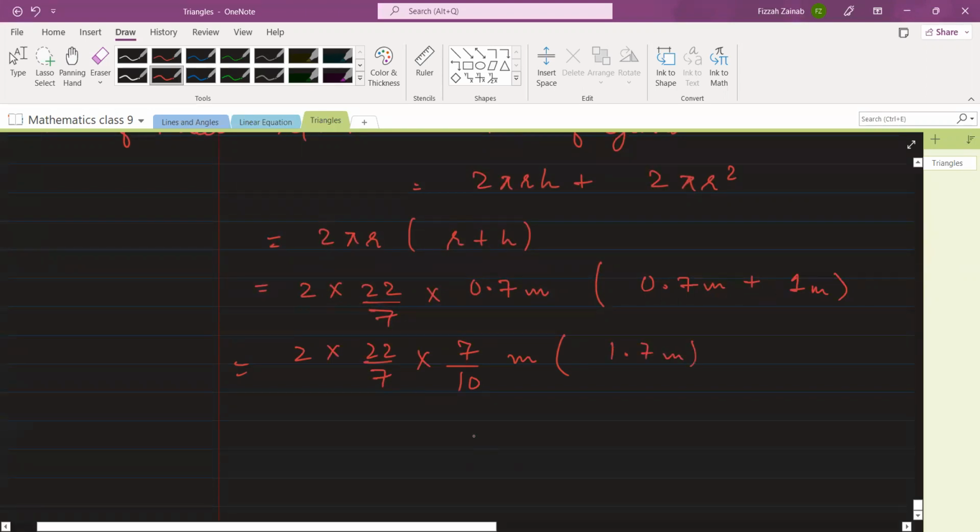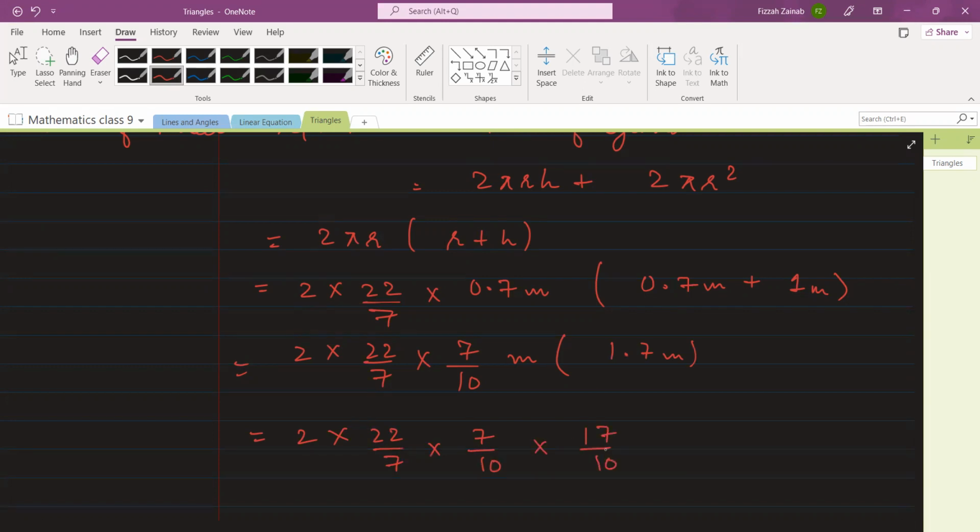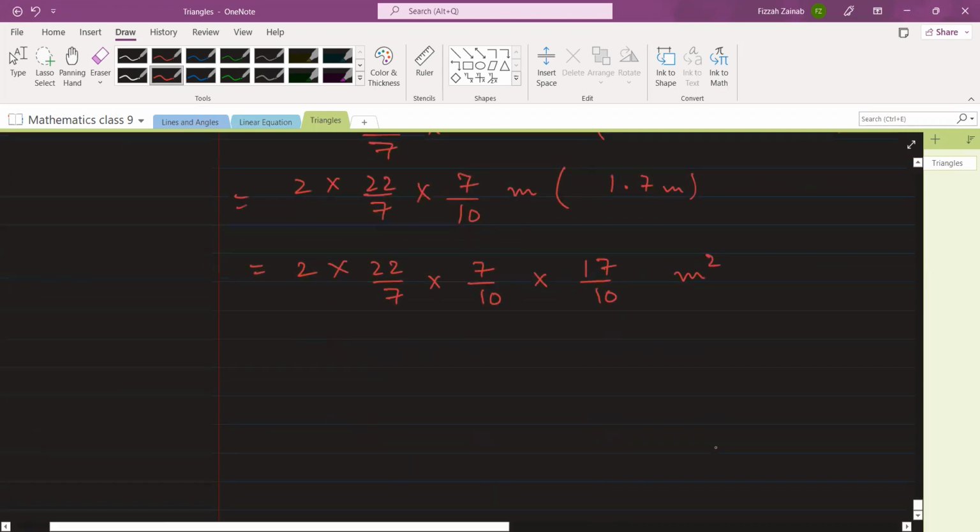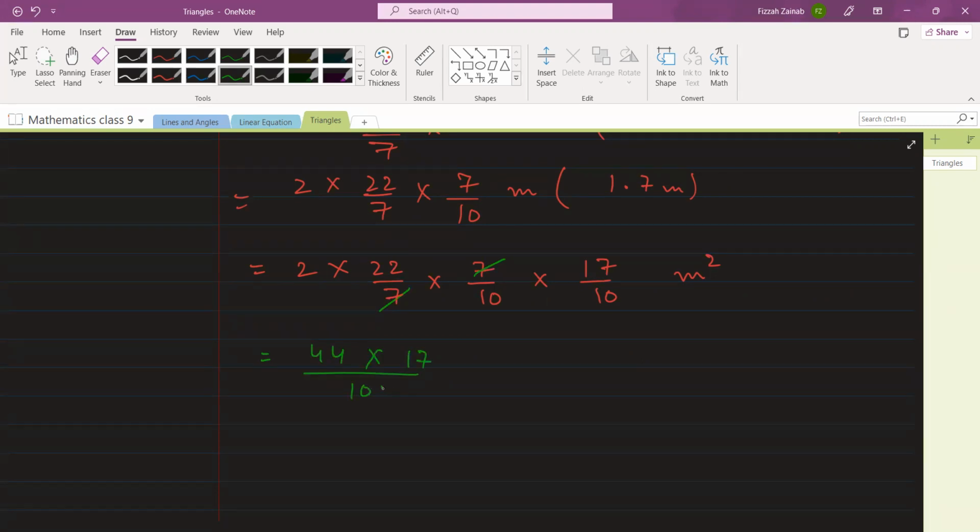Clear? So 2 into 22 by 7 into 7 by 10 into, again removing the decimal, 17 by 10, and meter into meter, it will be meter square. Now you can cancel out a few things. So 7 you can cancel and the rest you can multiply. So this is 44 into 17 divided by 100 meter square.